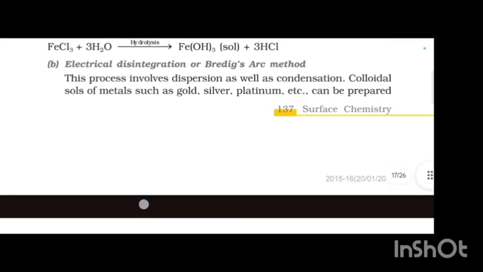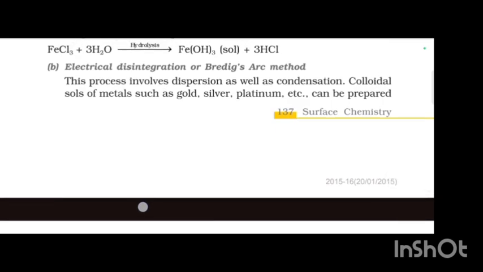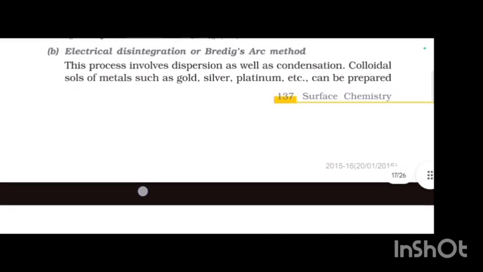FeCl3 + 3H2O, hydrolysis, gives Fe(OH)3 sol + 3HCl.